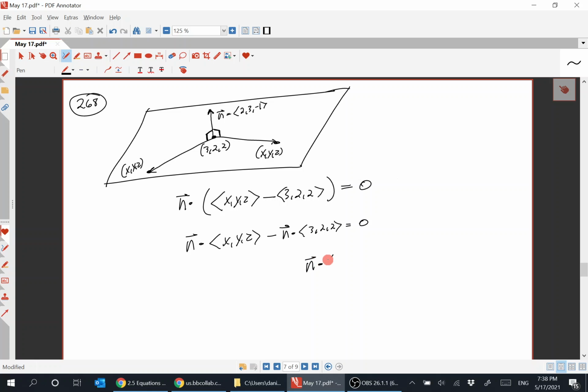So n dot x, y, z is equal to n dot 3, 2, 2. Now that 3, 2, 2 is any point on the plane. It doesn't have to be 3, 2, 2 if you had another point. So this gives you a vector equation of the plane.